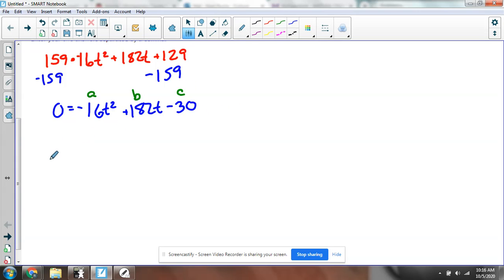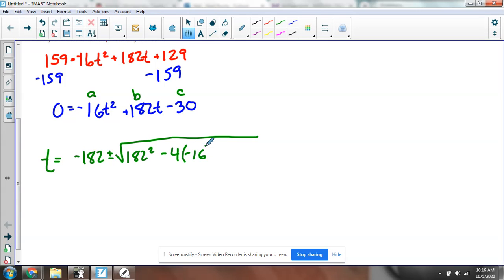So if I have this thing equal to 0, I know that t has to equal negative B, negative 182, plus or minus the square root of B squared, 182 squared, minus 4 times A times C, all over 2 times A. Okay.